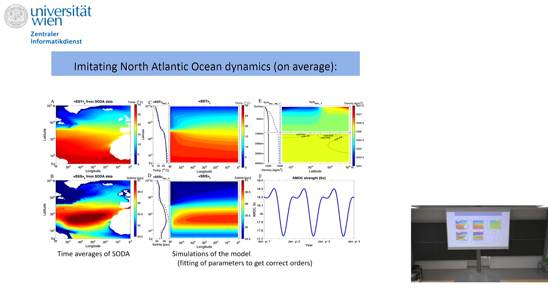So we get it to oscillate. The range is actually tuned to be on the right order of magnitude for the observed ones. So this is tuning of our parameter at this point. We still have some problems here with the density and especially density inversion, but these are things we are still working on.